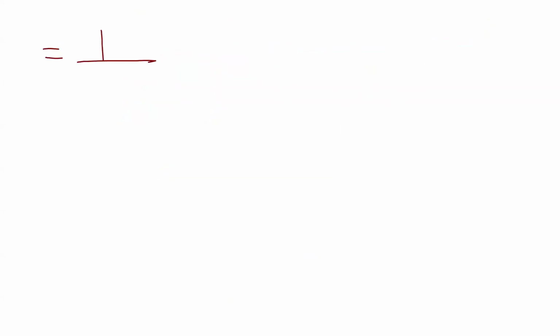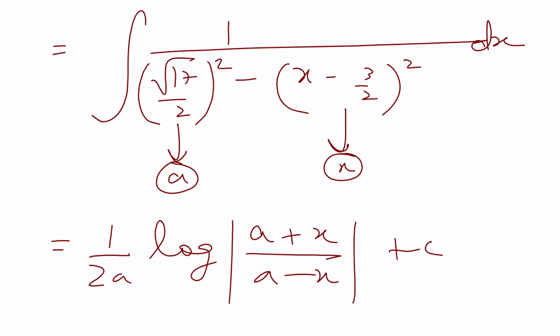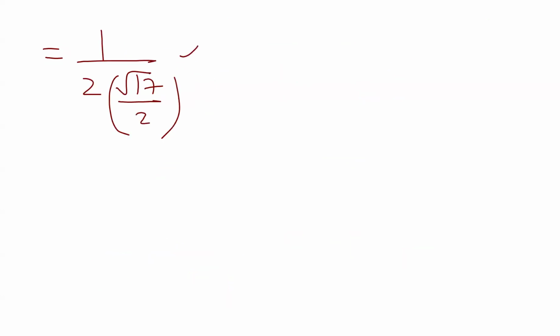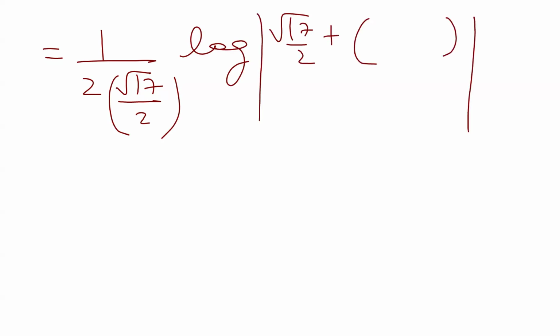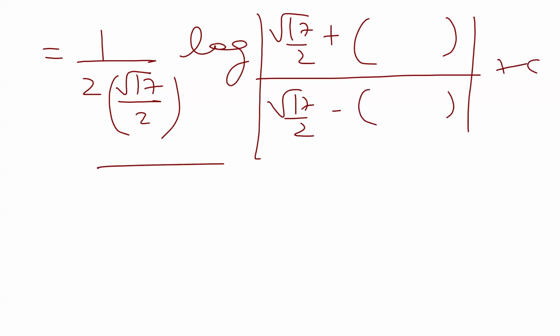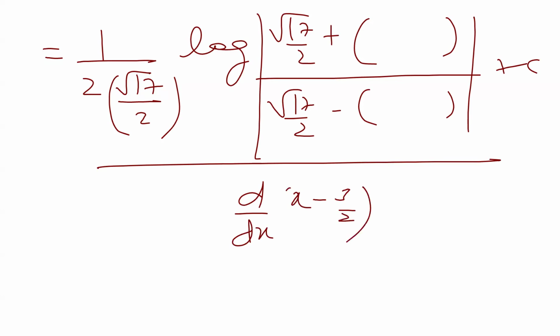I'll solve this completely for you to understand. So 1 upon 2a. A is root 17 by 2, if I'm not wrong. Correct. Log mod a plus x upon a minus x, where x is x minus 3 by 2.